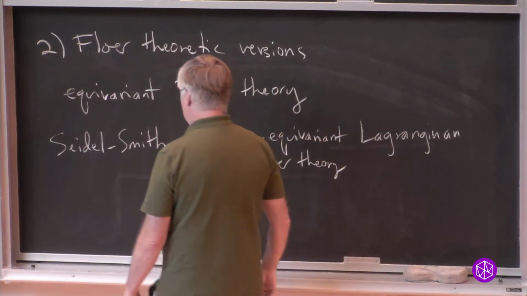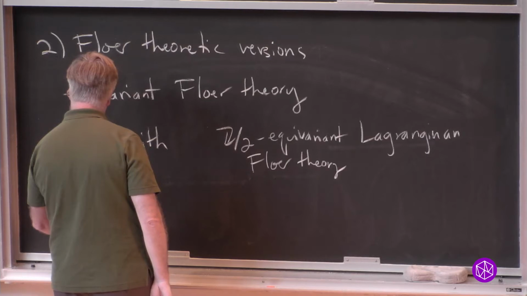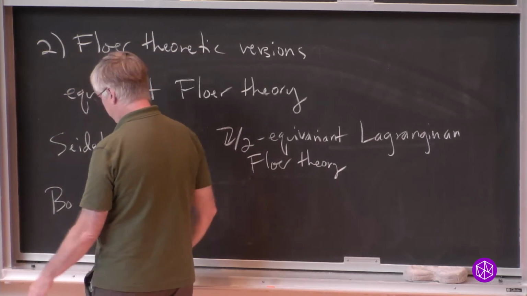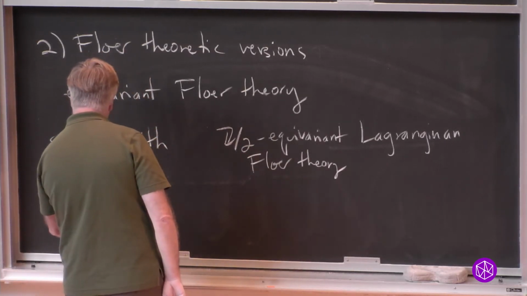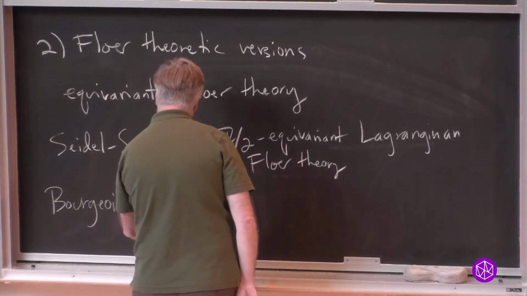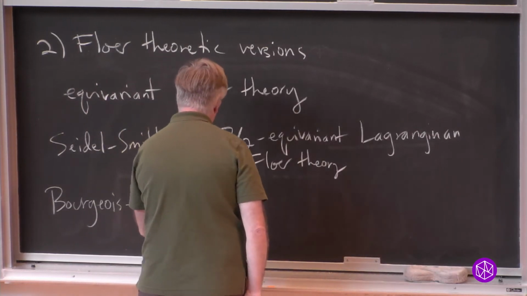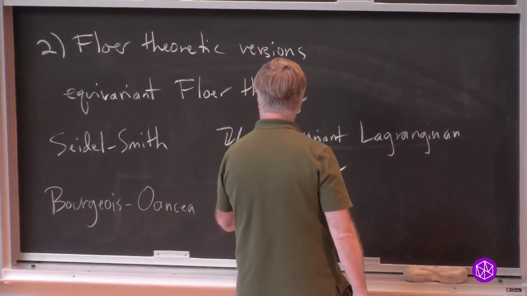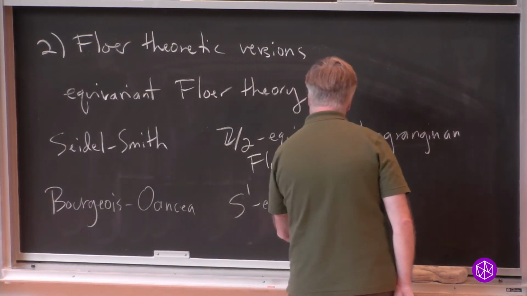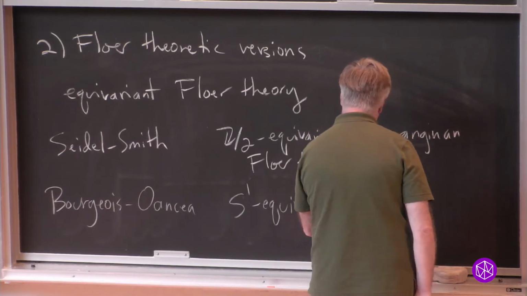You can do this construction in their setting, although I think they actually needed a different version. And then there's work by Bourgeois and Oancea defining S1 equivariant symplectic homology.